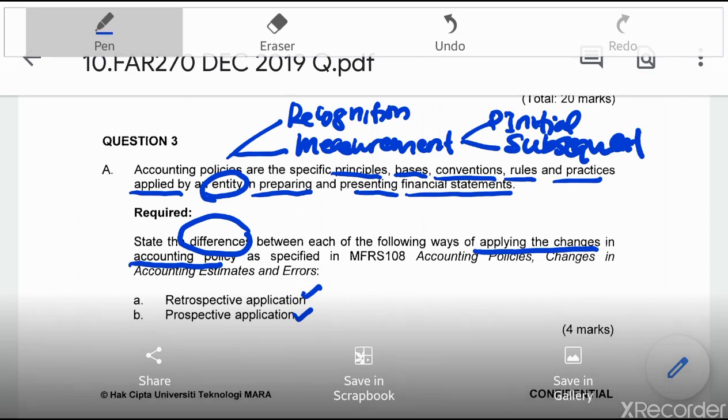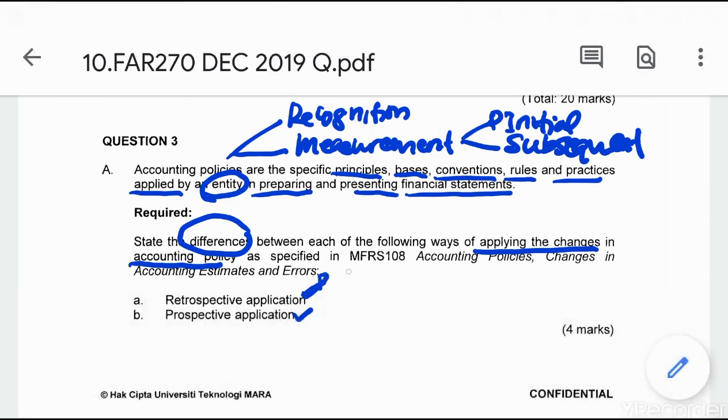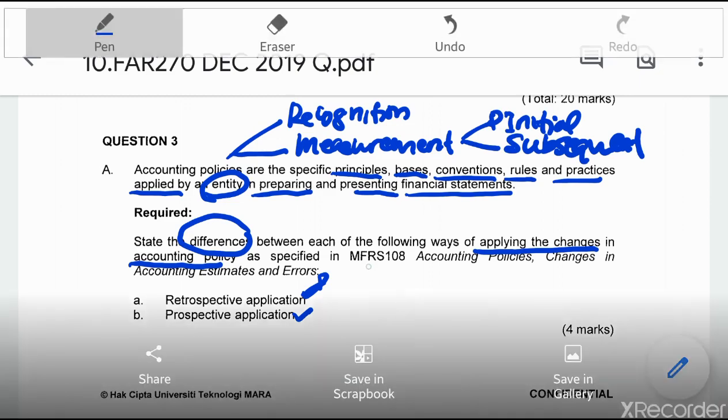So accounting policy is adjusted retrospectively. What do we mean by that?